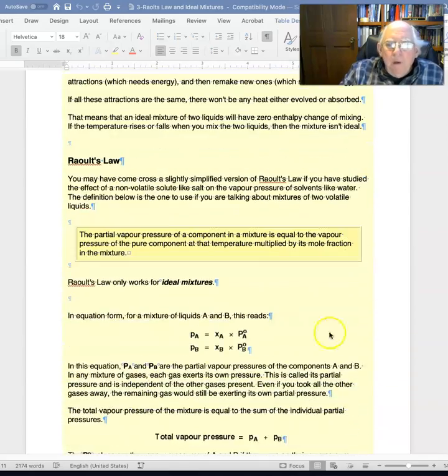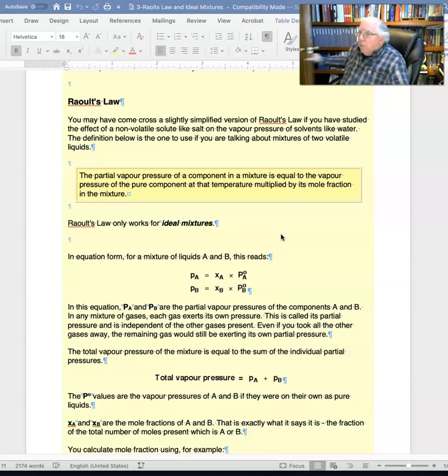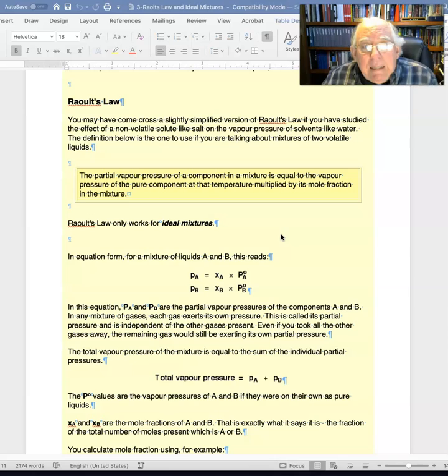And so what Raoult's law explains for an ideal mixture is the partial vapor pressure. Whenever you have a mixture of two substances, you still have a vapor pressure over the entire surface, but part of the vapor pressure is associated with one of the fluids, and the other part is associated with the other fluid.